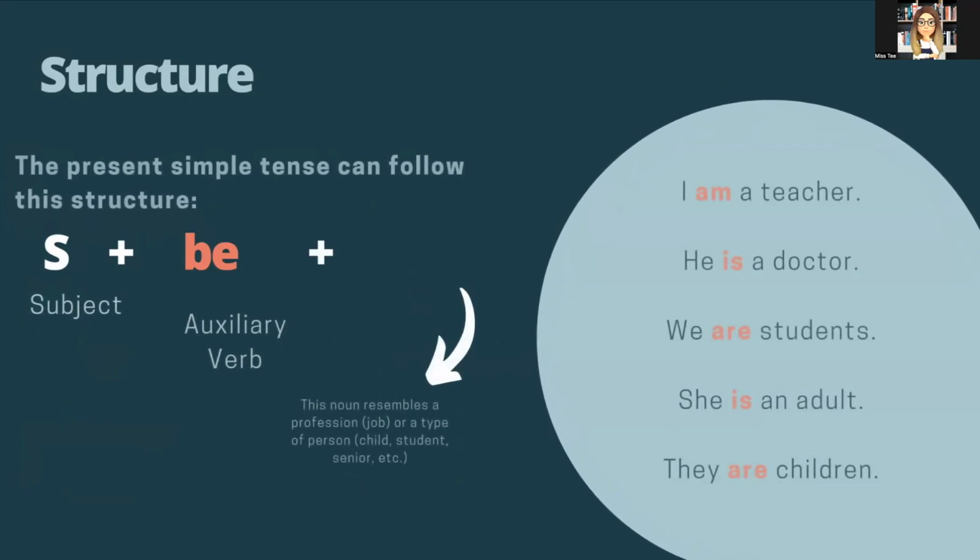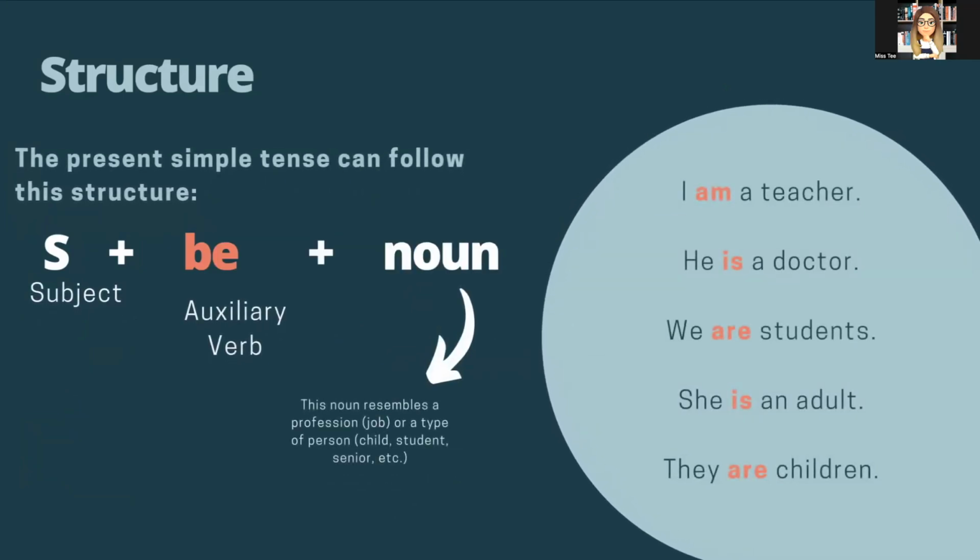Here's another structure. We have the present simple tense that can follow this structure as well. So again, we have subject, then we have the form of be, our auxiliary verb, and then a noun that follows. So, for example, we can have she, singular, we're going to say is.